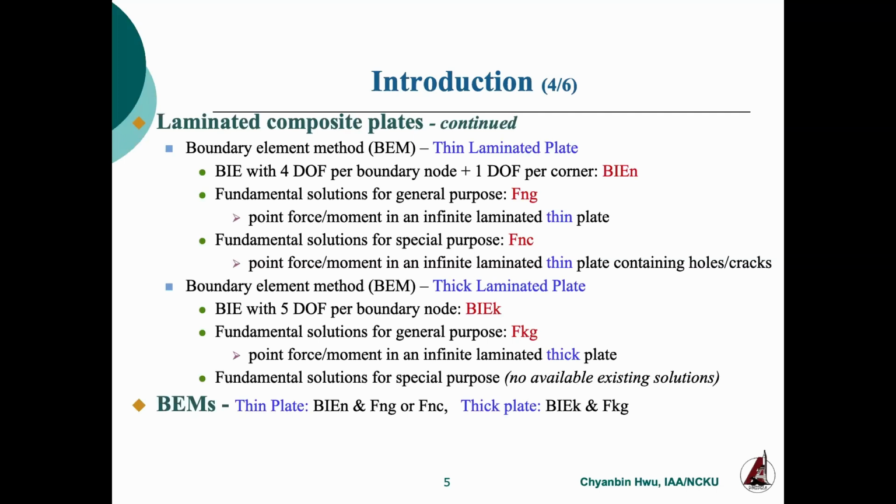For the thick plate, we have 5 degrees of freedom per boundary node, but we don't need to consider the corner. And for the fundamental solution, we are very sorry, we do not have the special solution for the crack. Because this is very difficult to obtain, it is still not available. If you are interested in this, you may try.